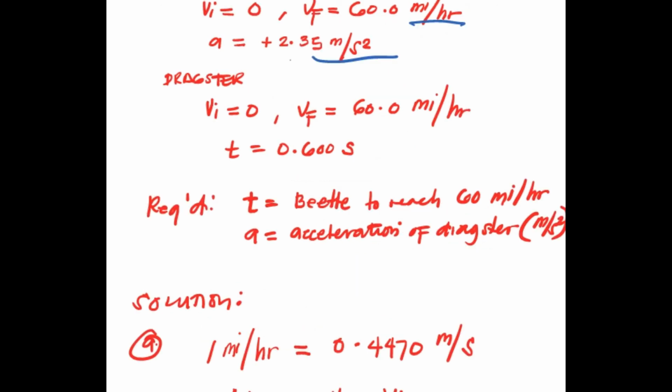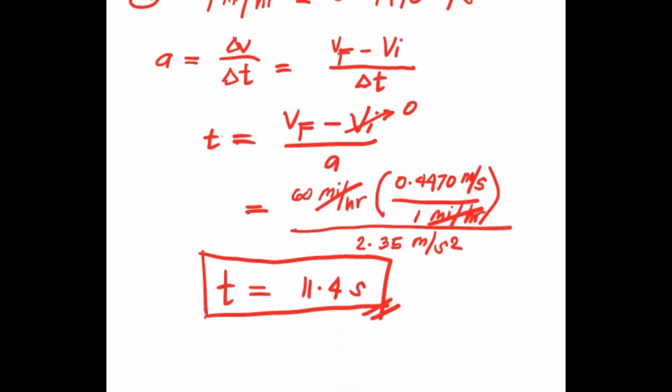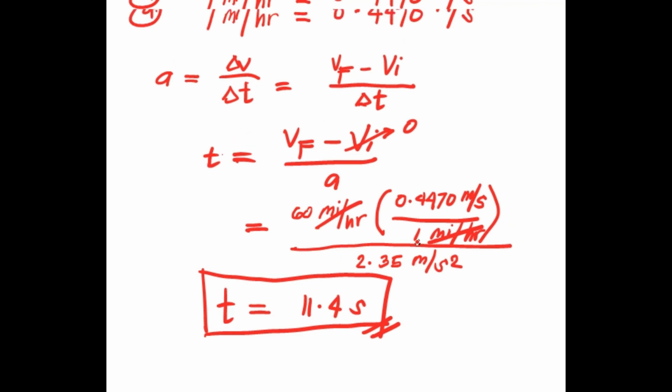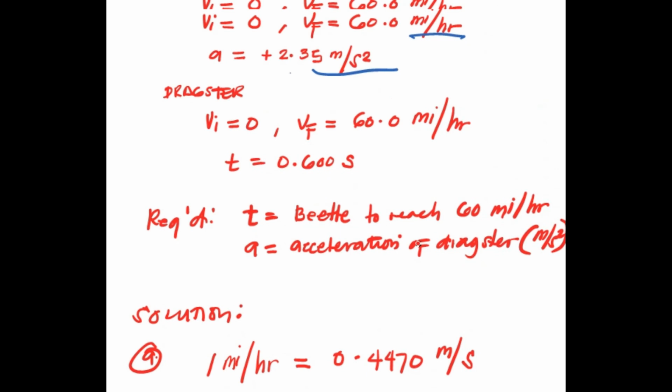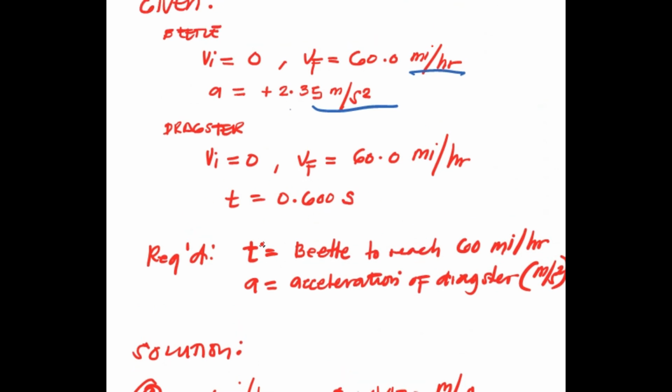Now the second question is the acceleration of the dragster. This is a race car, much faster than the Beetle. If you notice, it took 11.4 seconds for the Beetle to accelerate from 0 to 60, but according to the given for the race car, it only took 0.6 seconds for the dragster to reach 60 miles per hour.